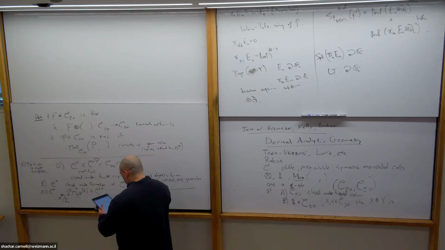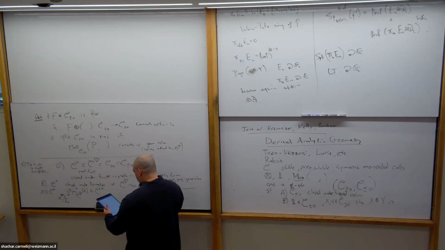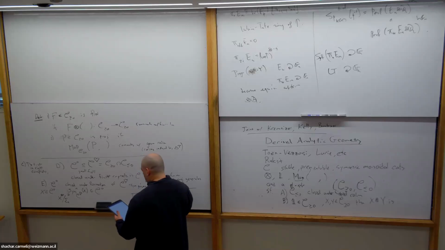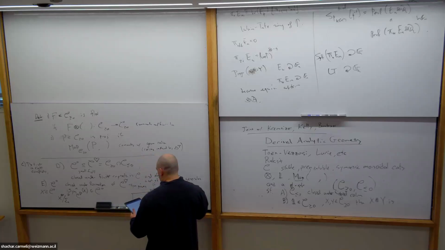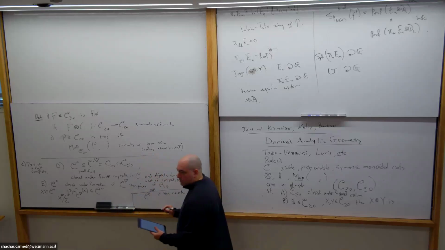Probably taking me way longer than I should have, but the last thing is that C♥ is itself symmetric monoidal. If you have two objects in C♥, you can consider them as objects in C, but the tensor product is now defined not as their tensor product in C, but as π₀ of their tensor product.